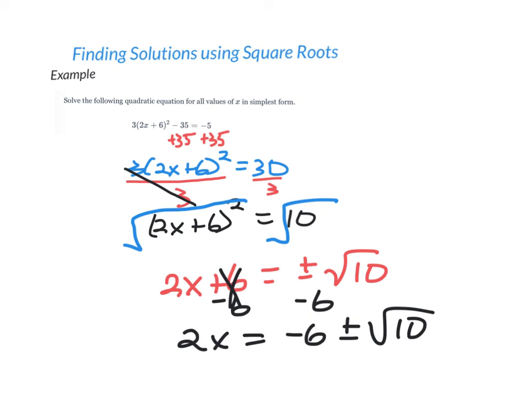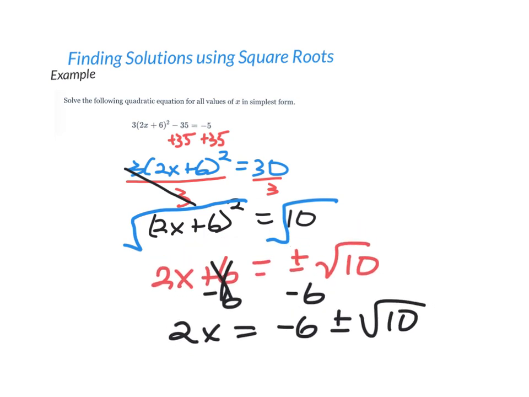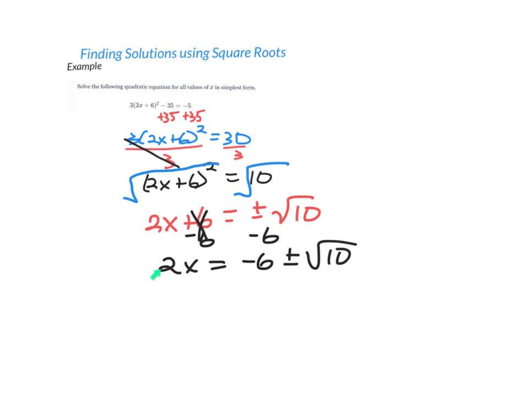Well, now we can continue working. Because we're not solving for 2x, we're trying to solve for x. Well, the opposite of multiplying by 2 is to divide by 2. So we're going to divide this side by 2, and we're going to divide this side by 2.